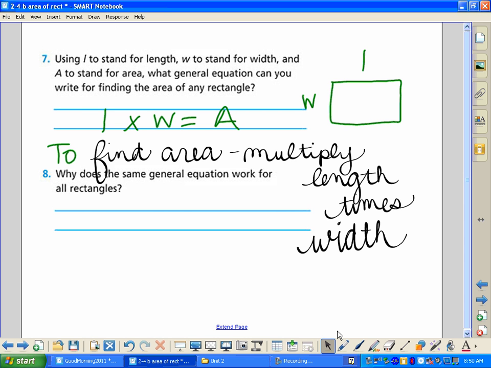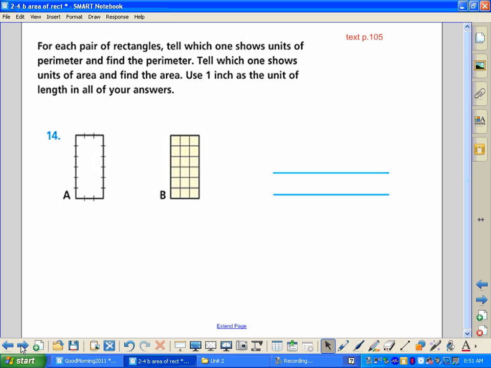Find perimeter, what do I need to do? Add. We add up all the sides. Remember yesterday, when we found our shape, we added up all the sides to find your total. That was our perimeter. Now for area, we're finding the inside, so we need to multiply.